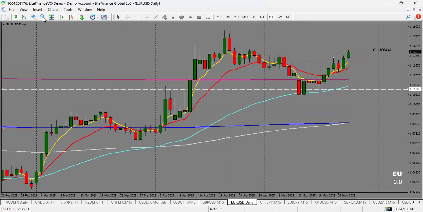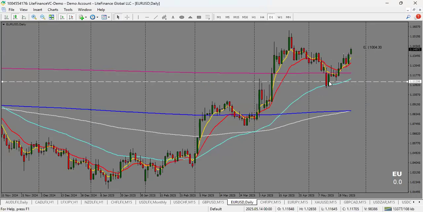Okay, so this is the daily time frame, and you can see we are having a bullish trend here. See, price formed this area of support here, and then we continue going up.